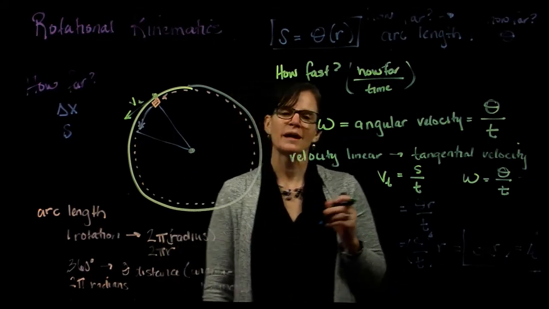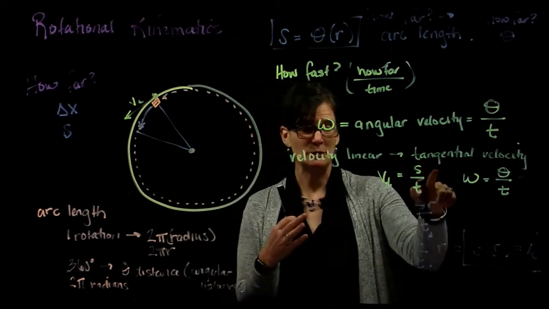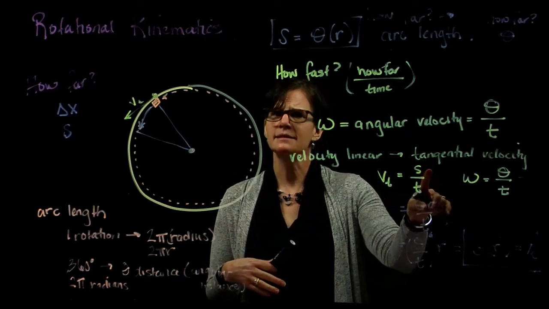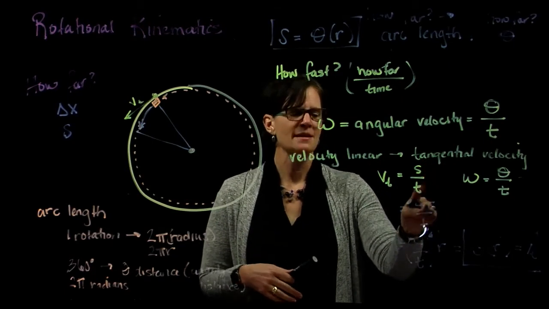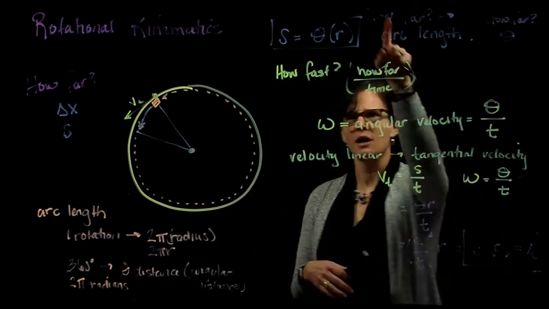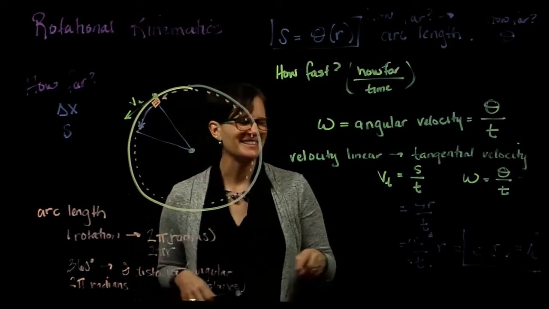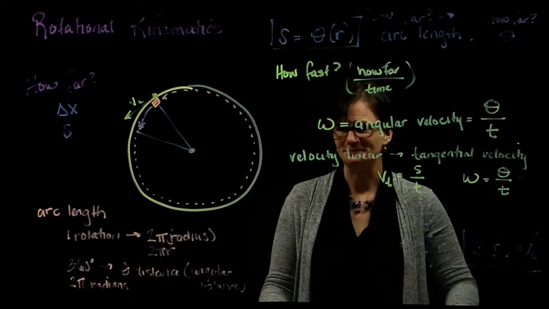Right? So recognizing that tangential velocity, our linear velocity is our distance per time. In the case of a circle, our distance is our arc length per time. Our arc length, we know, is theta times r. We already talked about how we got that. And then we do a little reorganizing to recognize that theta per time is omega.